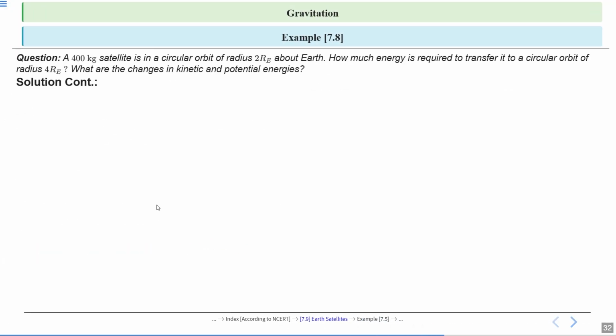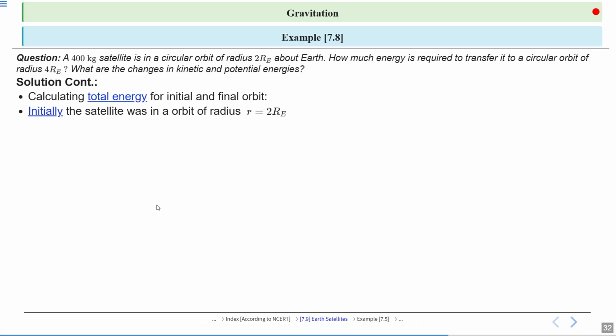Now, first let's calculate the total energy for both initial and final orbits. So total energy in an orbit is the sum of kinetic and potential energy. This will help us understand the energy changes involved in moving the satellite. Initially, the satellite is in orbit with radius of 2 times the Earth's radius.